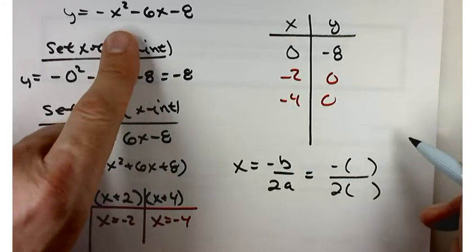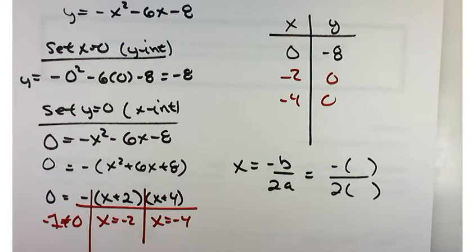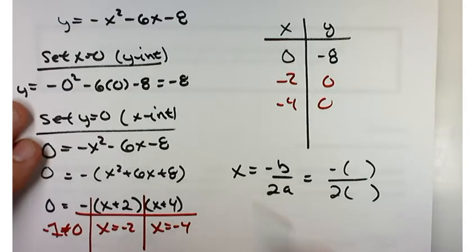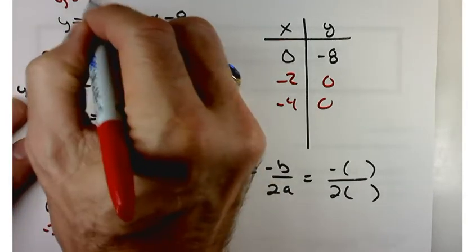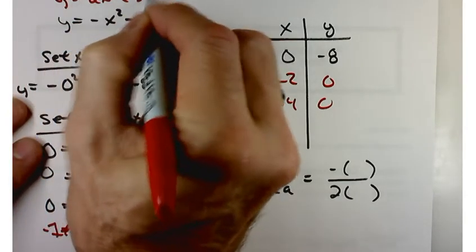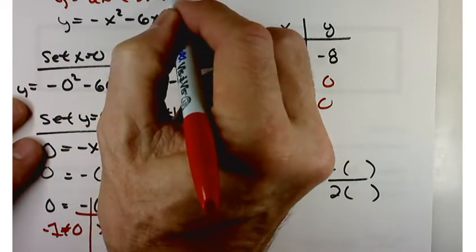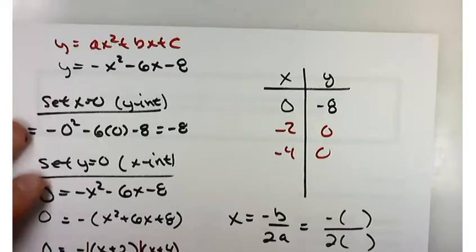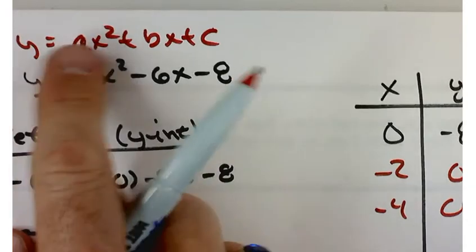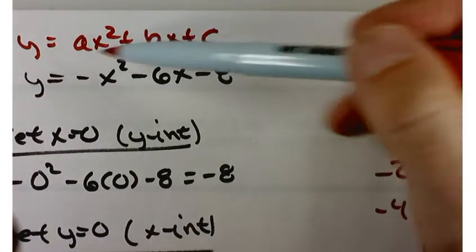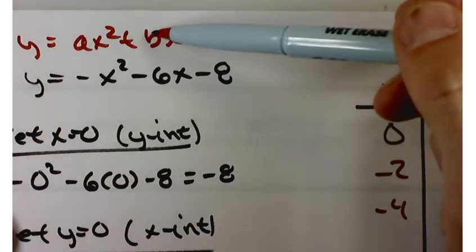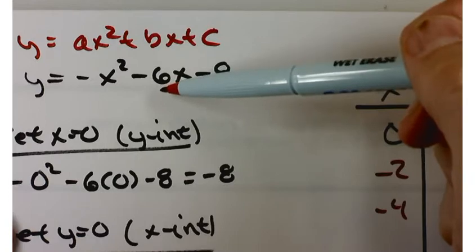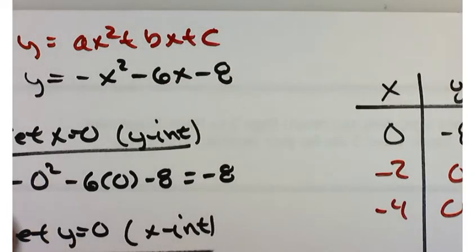You got to go back here to the original. Well, let's see. It fits the pattern of this. So a would be the coefficient of x squared, b is the coefficient of x, and c is your constant term.